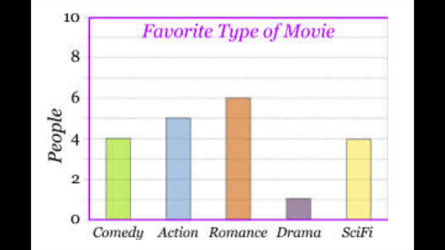On the left side of the graph, there's two important things. Number one is you see the numbers along the side on the left. That helps me to know how tall those bars actually are. If I didn't have the numbers, then the comedy bar could be 4,000 people. I don't know because it didn't tell me. So having numbers along the side is really important.